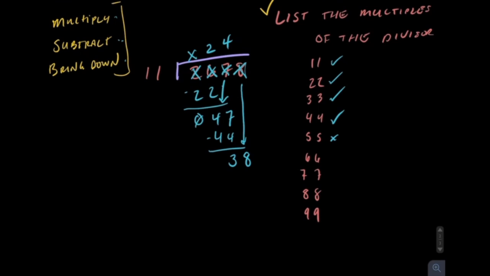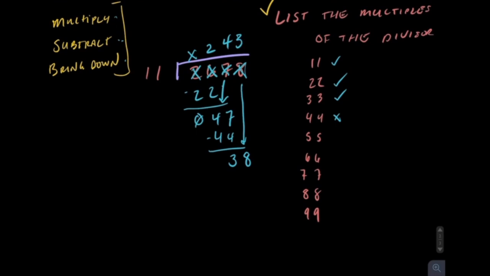And now which multiple of 11 works with 38? Or which multiple of 11 can I subtract from 38? The first one works. The second one works. The third one works because it's 33, but the fourth one does not because 44 is larger than 38.